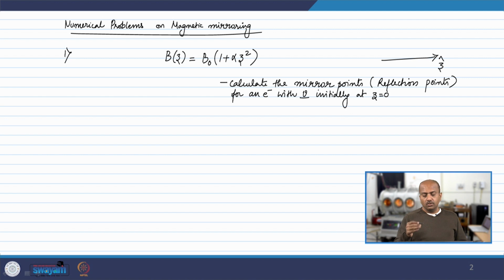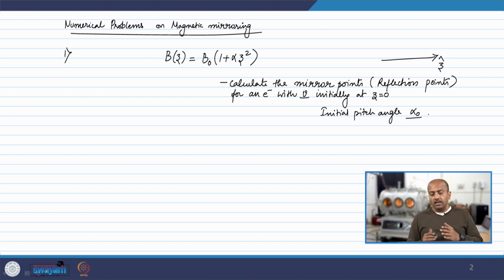As the particle travels away from z equals 0, it starts experiencing this type of magnetic field. And also assume that the initial pitch angle is alpha naught. So this is the information that we will be given.